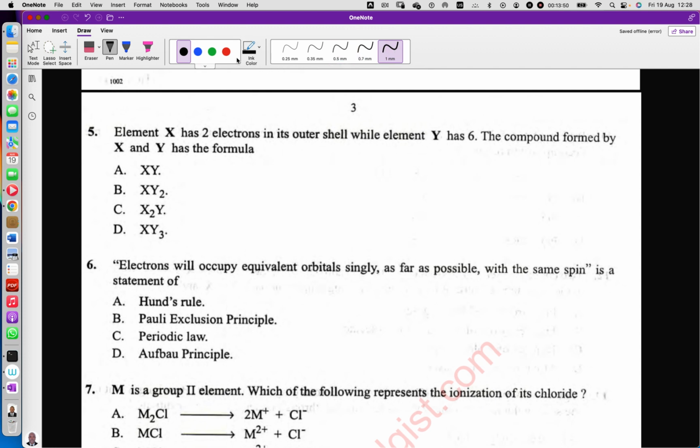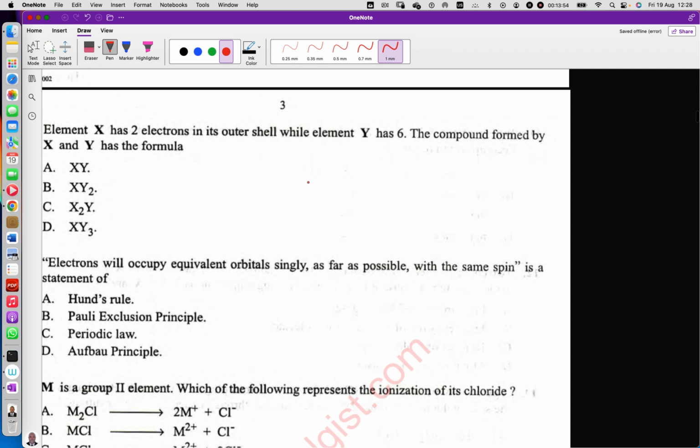X has 2 electrons in its outermost shell, so X belongs to group 2 of the periodic table. And all group 2 elements have a charge of +2.